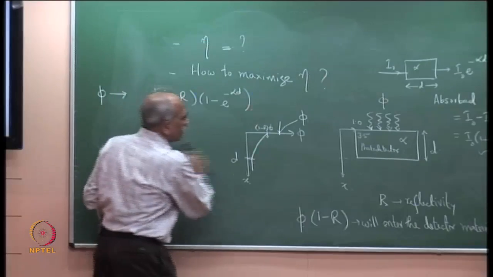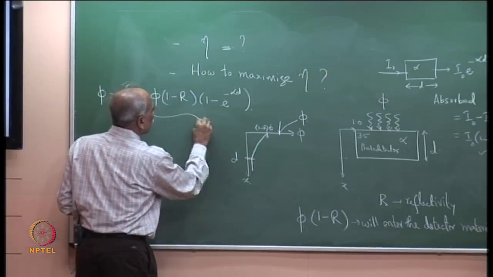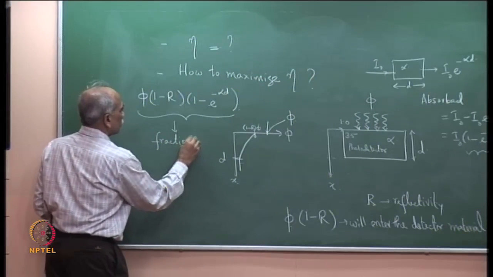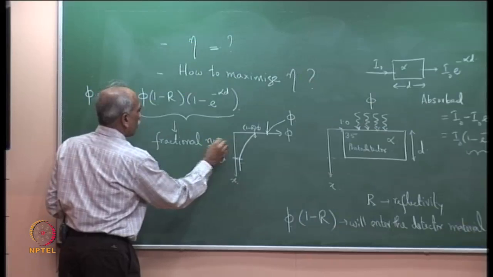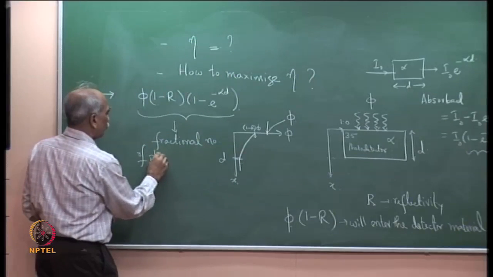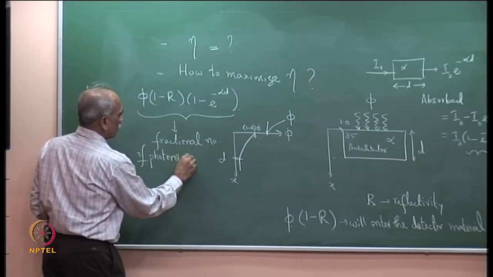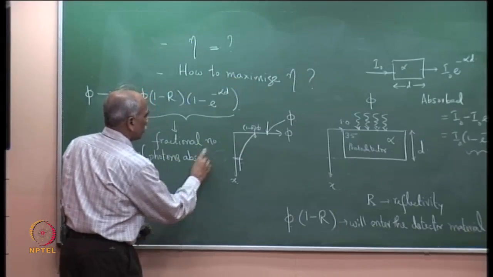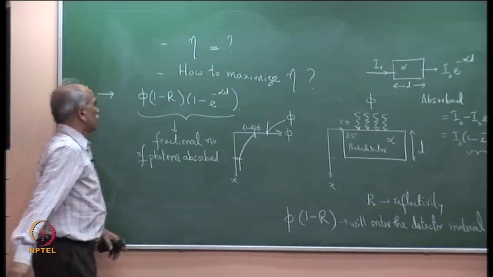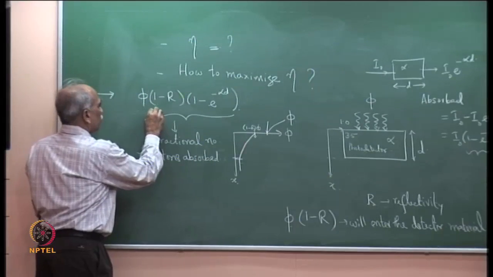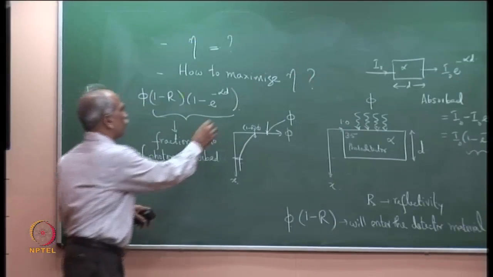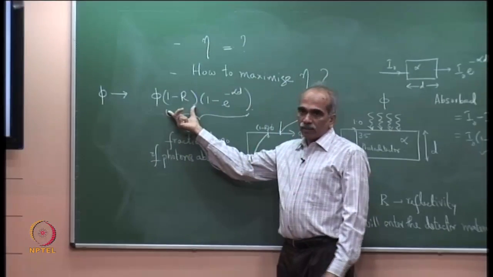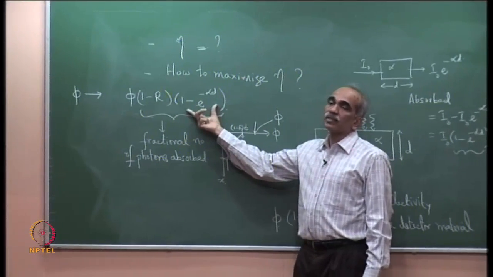So, what I have written here is the fractional number of photons absorbed, other than phi, because if I put phi, it will tell me the total number of photons absorbed. This is the fraction which is absorbed. This is entering, out of the entered, this fraction is absorbed.